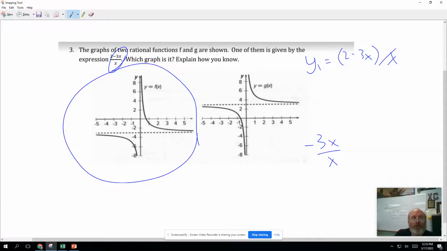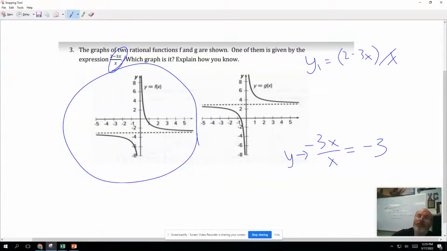What's negative 3x over x? Just negative 3, right? That's what the y value is going to get closer and closer to as x gets really big in the negative or positive direction. The horizontal asymptote is going to come from that part of the function.